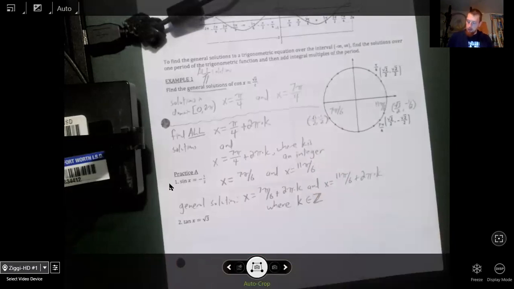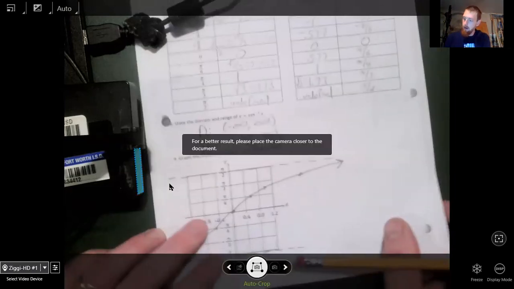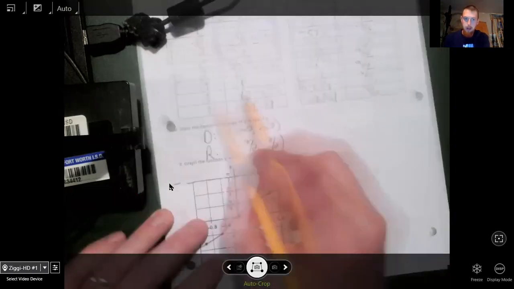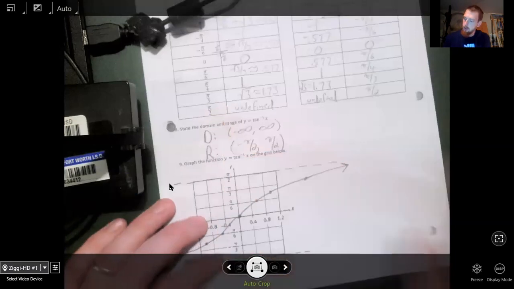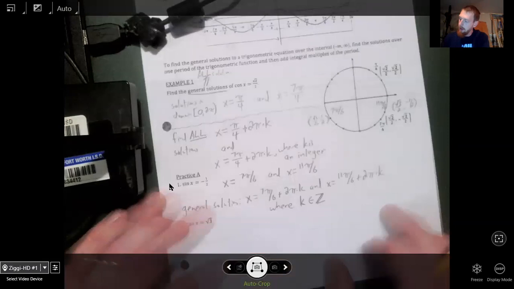All right, last one before we move on is the tangent of x equals the square root of 3. So let's see, where does the tangent of x equal the square root of 3? That keeps coming up over and over again. It's at our friend pi over 3. Let's see why that happens.